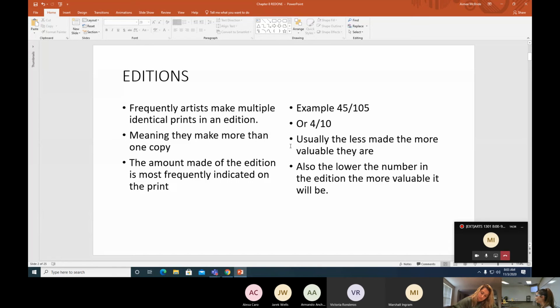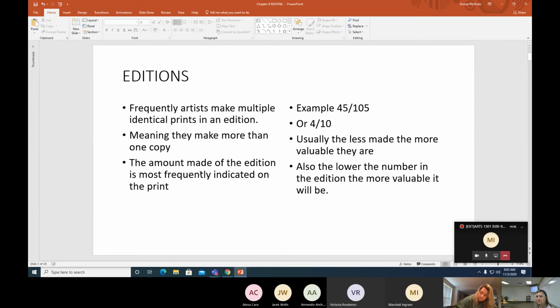Once again, supply and demand. But the main reasons for people to make prints is to make multiple copies, to either be able to sell multiple copies, or to get their information out quickly to a lot of different people.